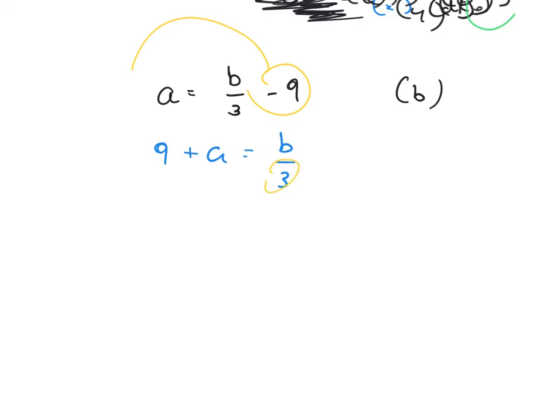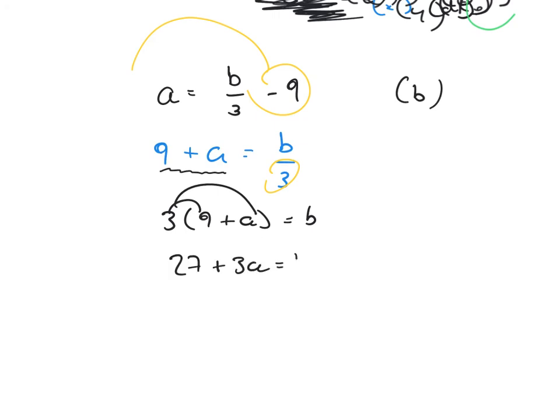The opposite of that is to multiply by 3. 9 plus a multiplied by 3. Quickest and easiest way to do that is to introduce a bracket. 3 bracket 9 plus a equals b. I may as well just go forward and expand that out then. That would be 27 plus 3a equals b. Final answer.